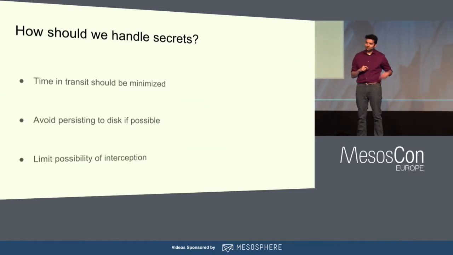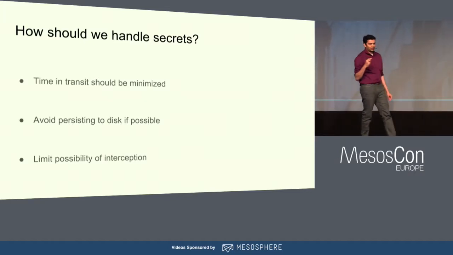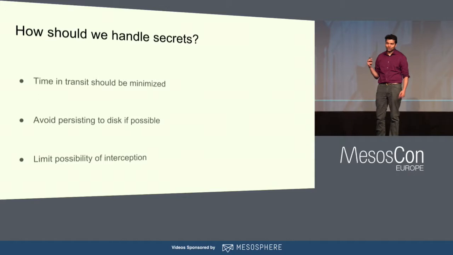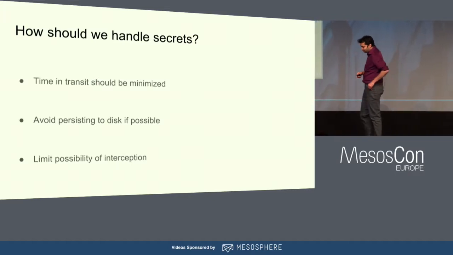For example, if a framework is trying to send a secret all the way to the task, it has to go through the master, then through the agent, then be given to the task. That's a lot of potential network hops, which means a lot of opportunities for it to get compromised. So you need to minimize how long a secret is visible before it gets used.